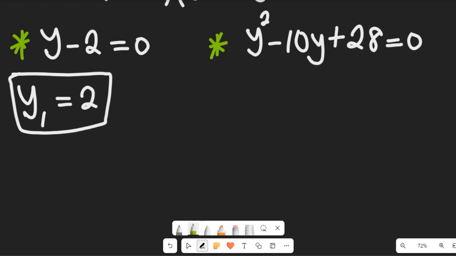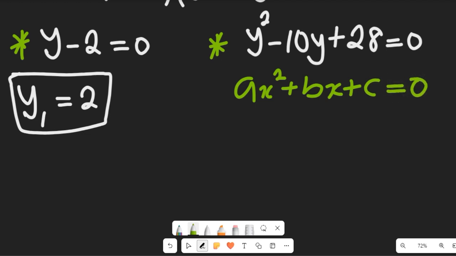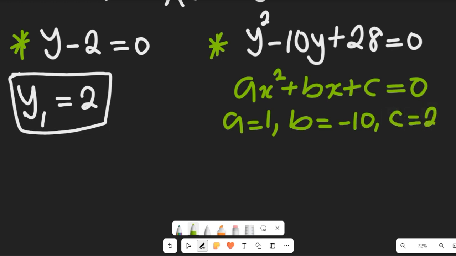Now if we compare this expression to ax^2 + bx + c equal to 0, you see that a is equal to 1, b is equal to negative 10, while c is equal to 28.